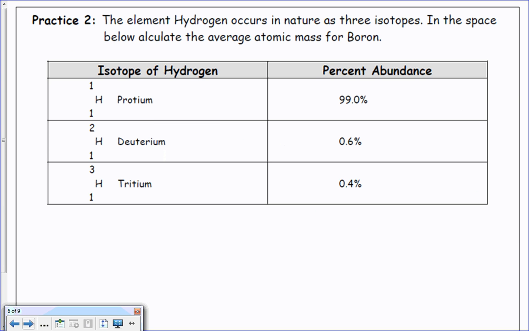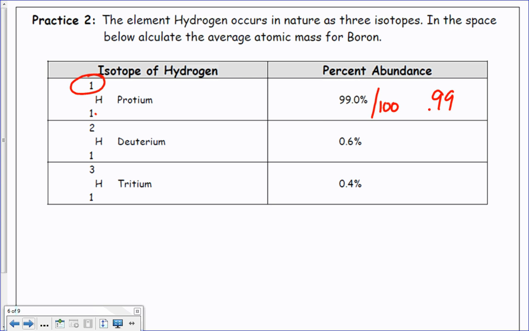Uh-oh, they didn't give me the masses. Or did they? Well, in our notation, this is the number of protons, this is the mass. So I have a mass of 1, 99%. Let me divide that by 100 right off the bat to get 0.99. That's good.